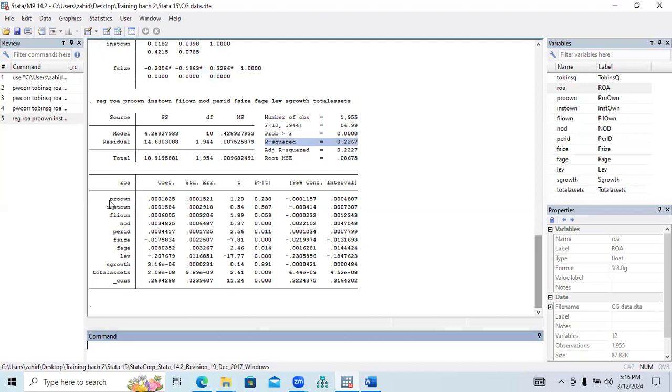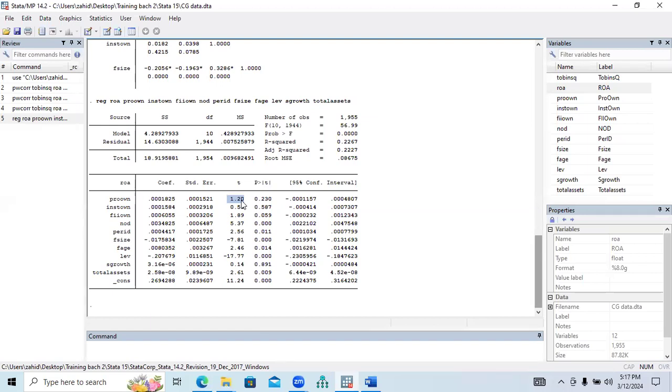The next thing you need to see is the coefficient values of your independent variables as well as their t value and p value. Your t value should be greater than 1.96 and your p value should be less than 0.05. In the case of PR ownership, the coefficient value is positive, but the p value is not significant.